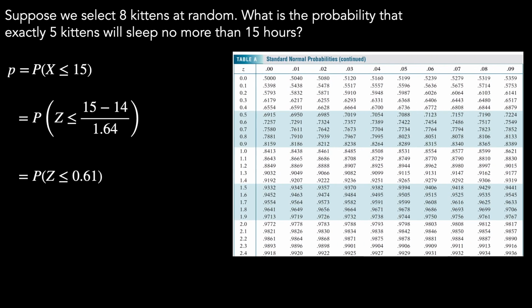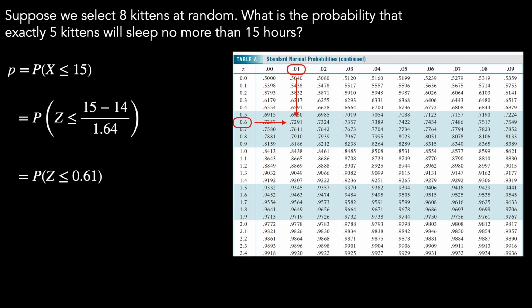So we go to our tables again, but this time, because we're looking for little z, we start on the left-hand side and find 0.6. Then we need to find the second decimal, so we look up and see that it's 0.01.